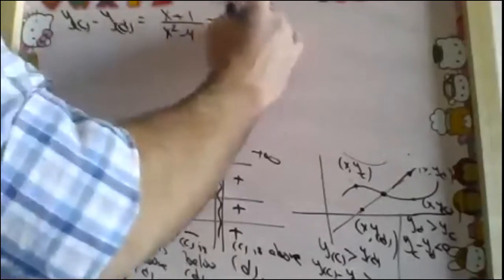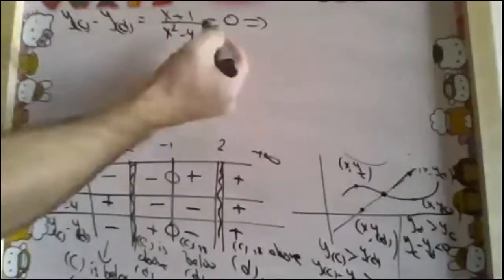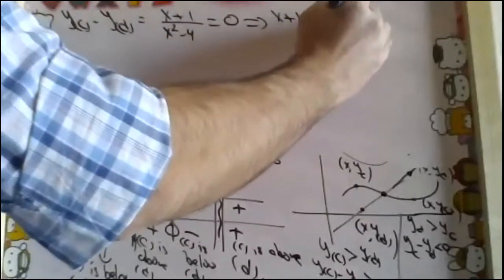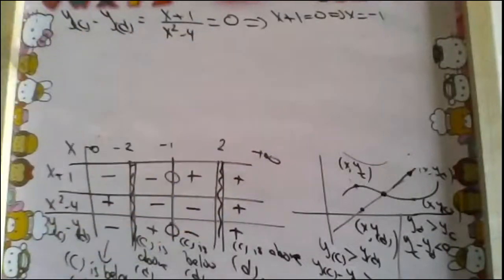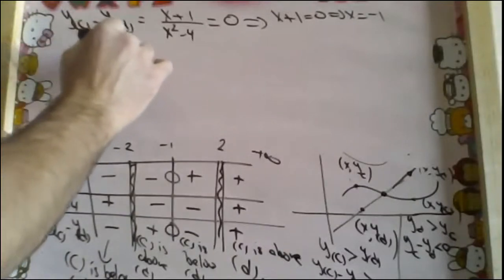A ratio equal to 0 means the numerator is 0, or use the cross product. x plus 1 equal to 0, so x is equal to negative 1. Now, put a table: x, yc minus yd.